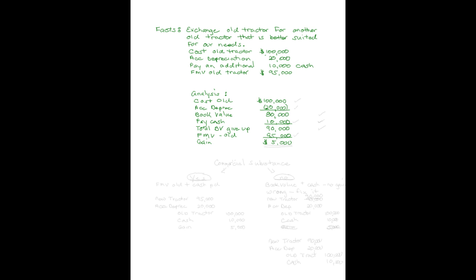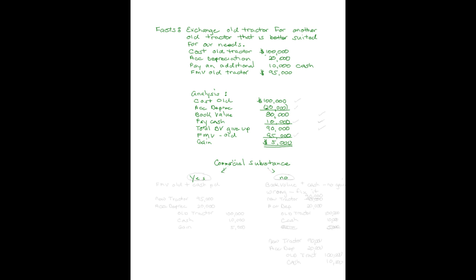So this then is the set of facts I'm going to use. I think it's more complete to use a gain, because in a loss, in all cases, we would have recognized it. But in a gain, you recognize it if it has commercial substance, but you don't if it doesn't. So I'm taking the one with the exception.